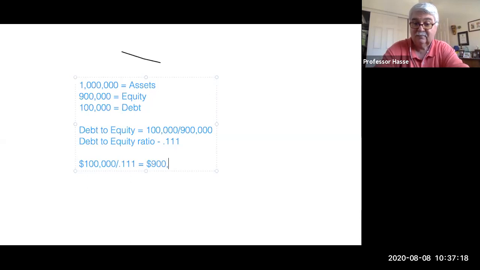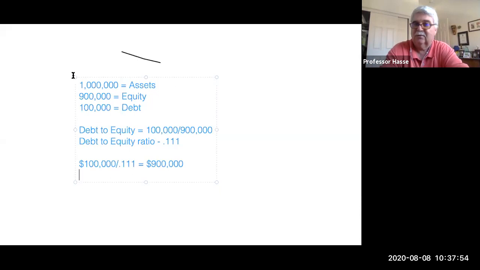So that must mean my equity position is $900,000. So I now know 100,000 plus 900,000 is $1 million, but I also know that my ratio of 0.111 means that I can now calculate what my asset percentage is.